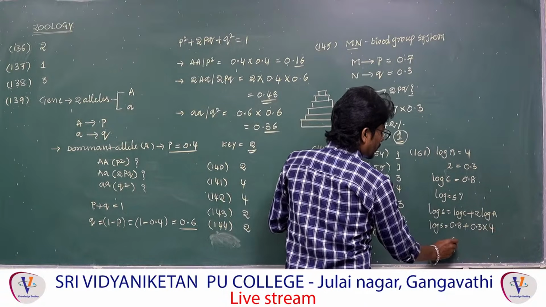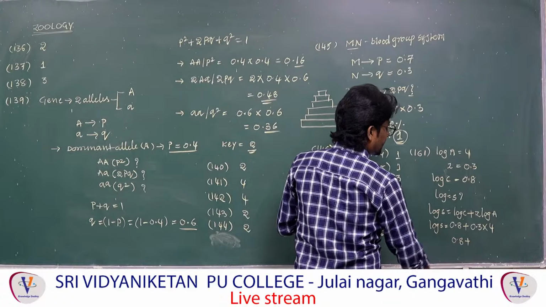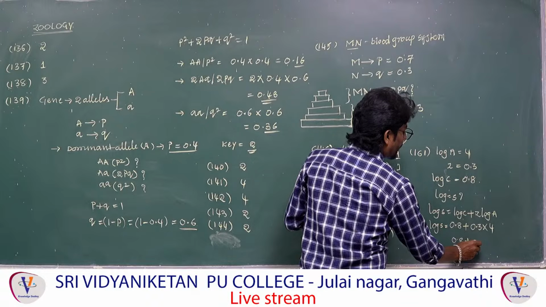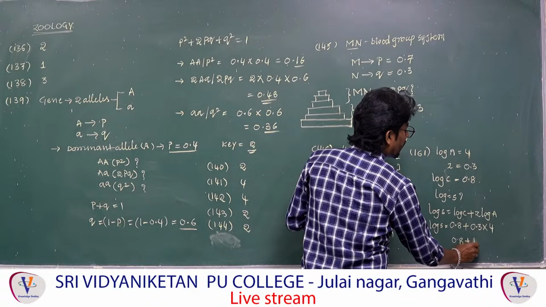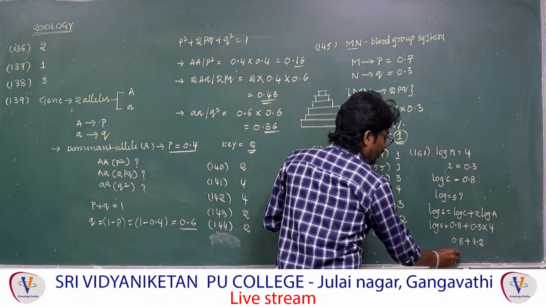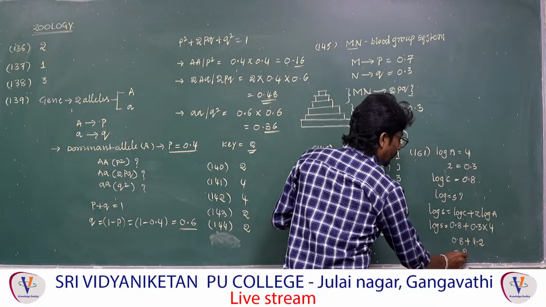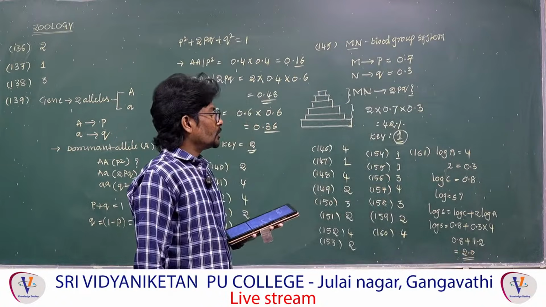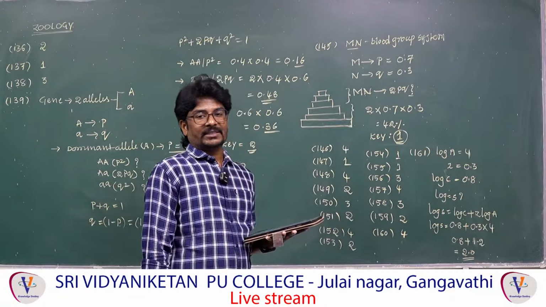So it is equal to 0.8 plus 0.3 times 4, that is 1.2. So 0.8 plus 1.2 is equal to 2.0. That means approximately 2 will be the log S value.